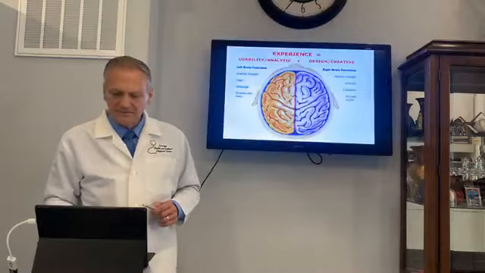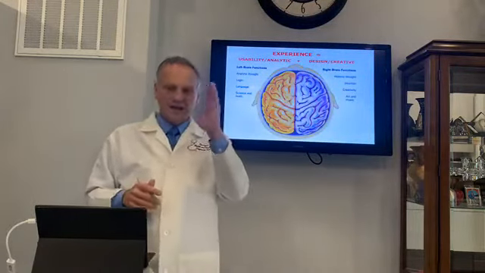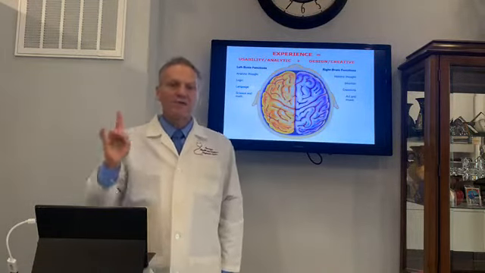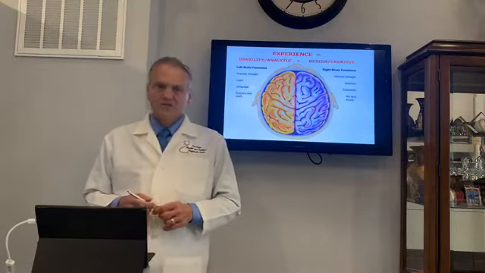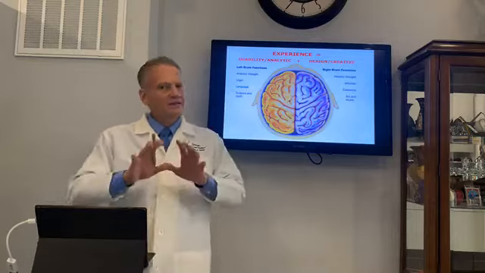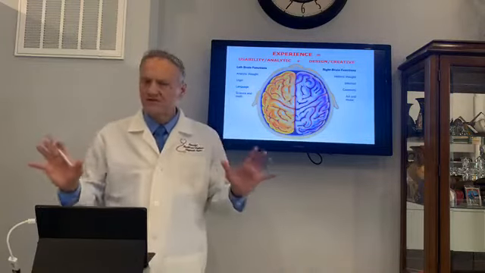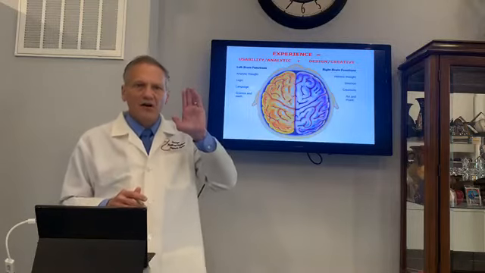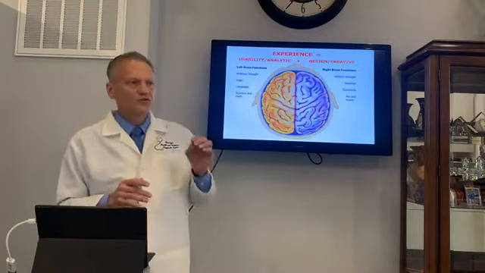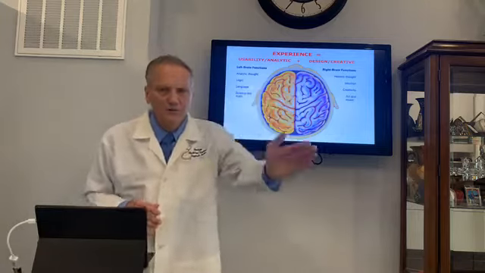When we look at it, we're divided into a left brain and a right brain. So primarily, in a very general sense, this is a very general term, the left brain is what is called our approach side. It is what's going to approach. It's going to go for it.